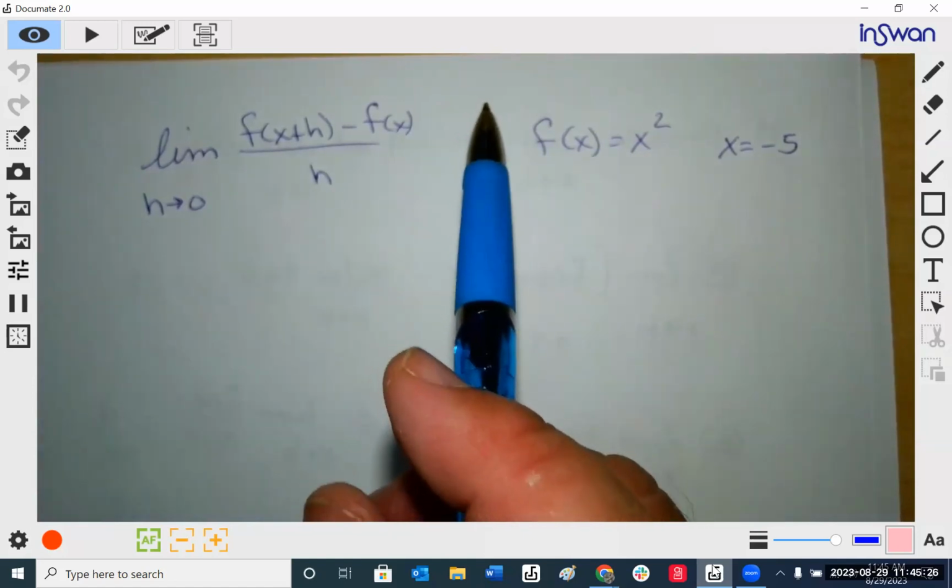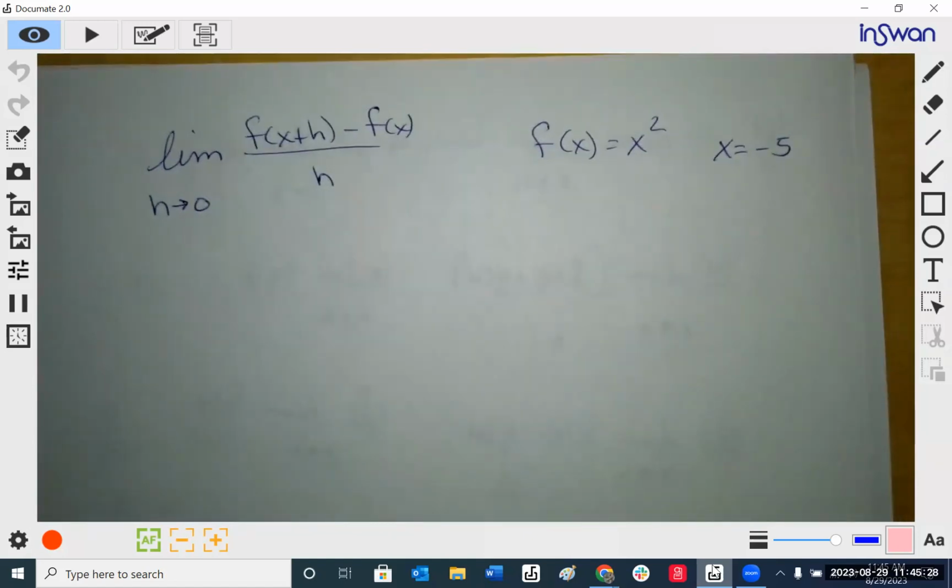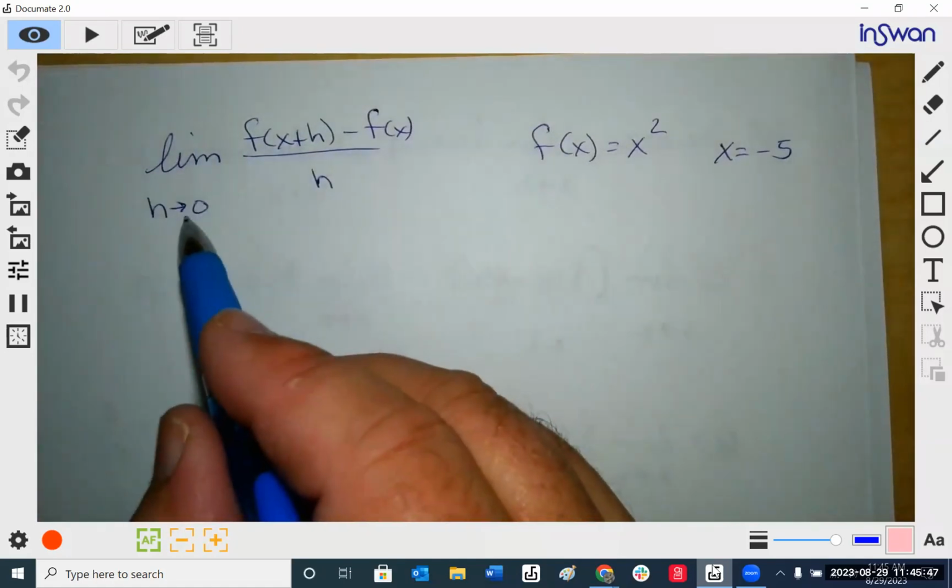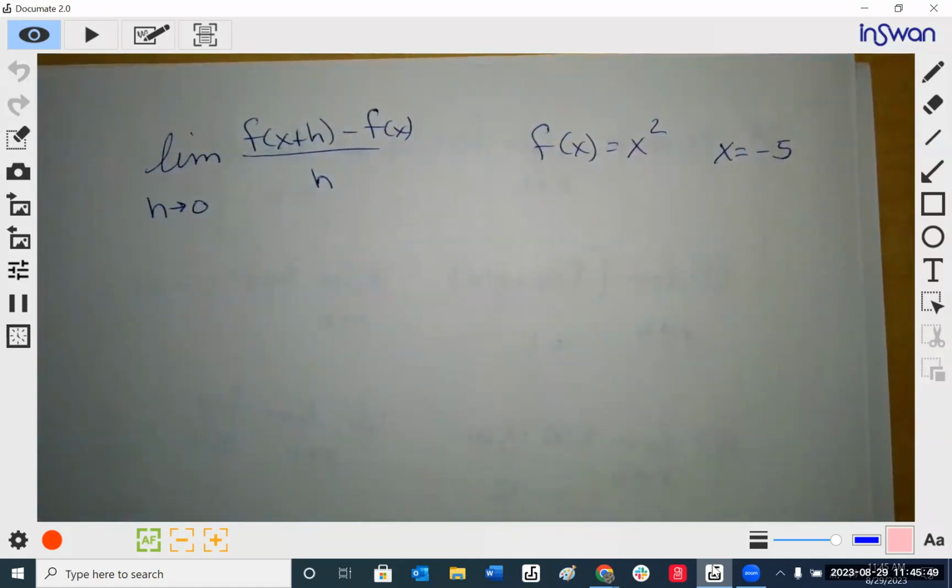The difference quotient you actually learned in algebra, and it showed us the difference between two separate points on a curve, and you can find the slope between the two different points on a curve by those points. Then we learned in calculus that if we take that and find the limit of it, then those 2 points get closer together and we find the slope of a curve at that given point. So that's what this is looking for.